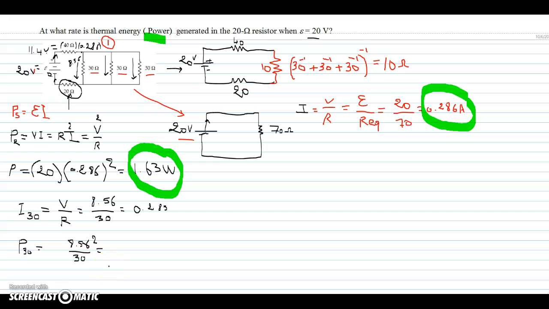So 8.56 squared divided by 30 is 2.44 watts, times 3 for the three resistors.